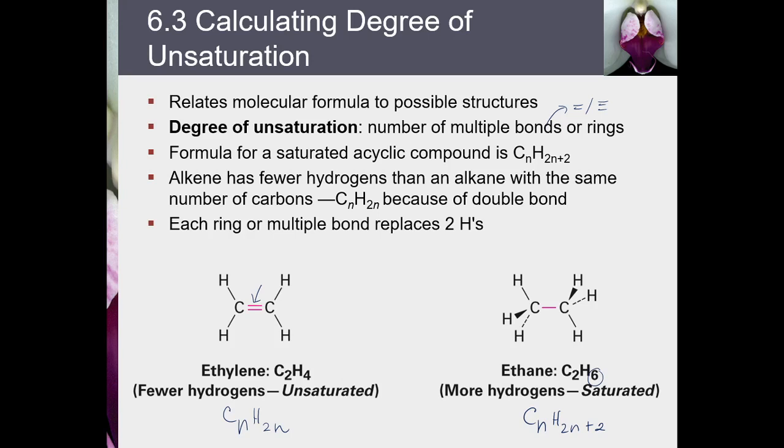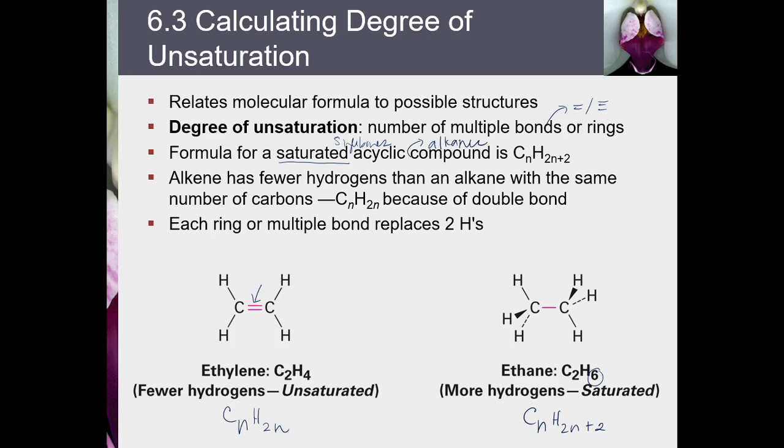So the formula for a saturated acyclic compound, when we say saturated, lahat ng bonds ay single bonds, and when acyclic, it means hindi siya naka-ring structure. So itong sinasabi natin na saturated acyclic compounds, this only refers to alkanes.